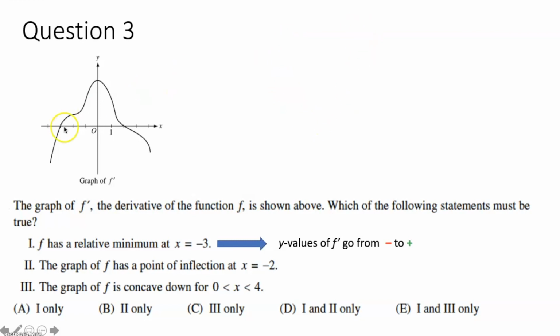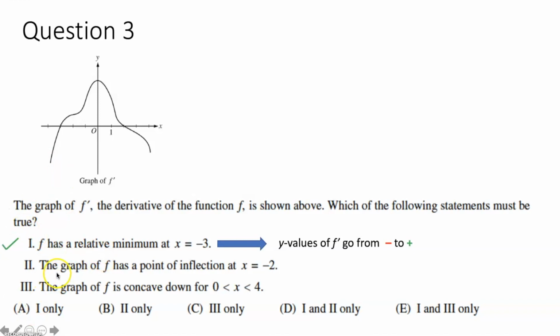So at x is equal to -3, do the y values of your derivative go from negative to positive? Yes, they do, meaning that the slopes of your original function go from negative to positive, meaning that your original function would have a relative minimum at x is equal to -3.